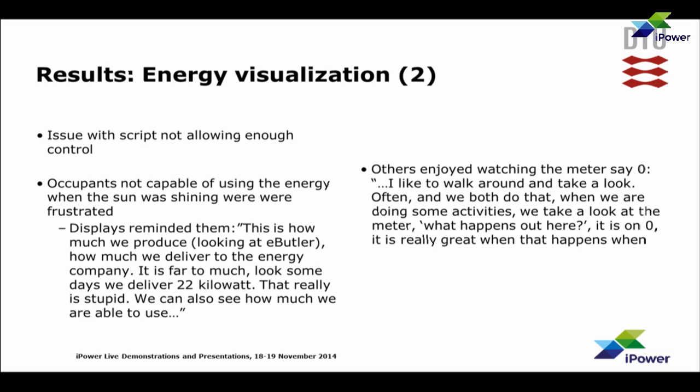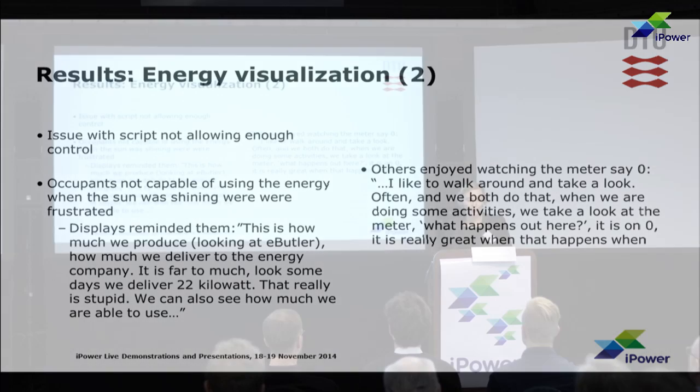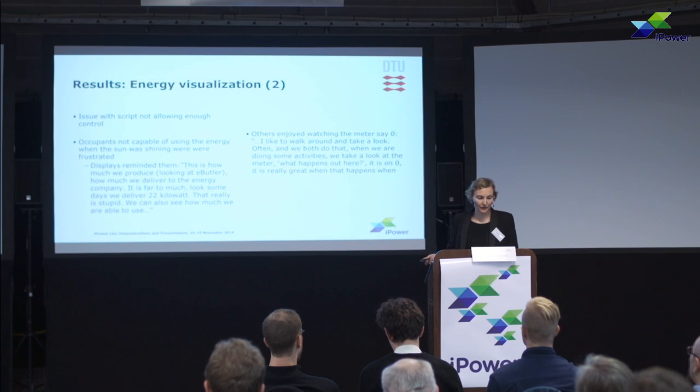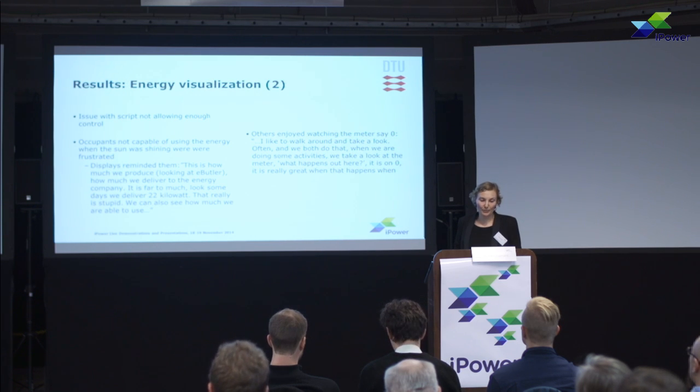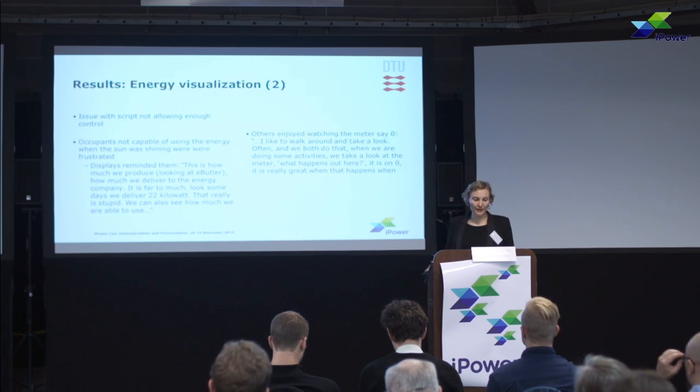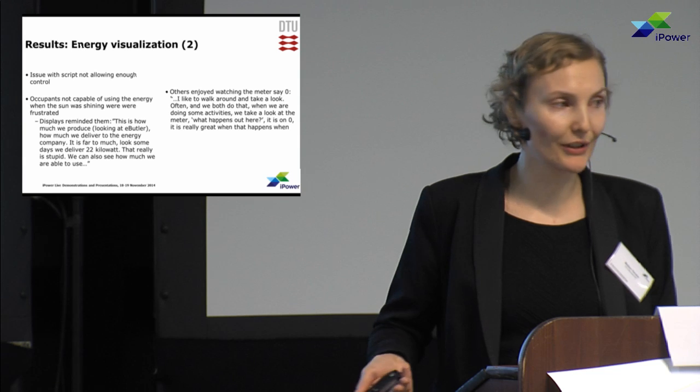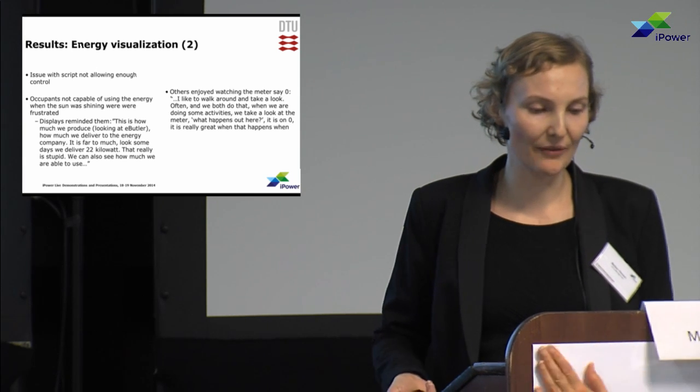Because they would see how much electricity they just delivered, and it would remind them of how much energy they were just giving away to the electricity company. So for some families, this was quite frustrating, that the script of the technology does not allow them to have the control.